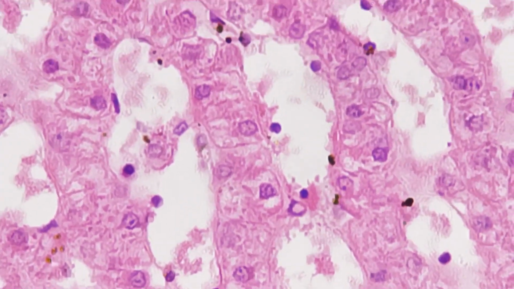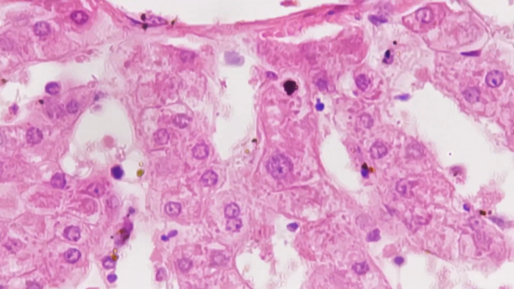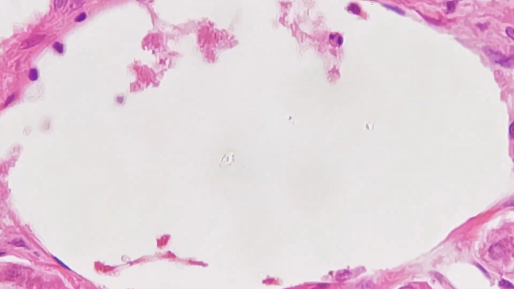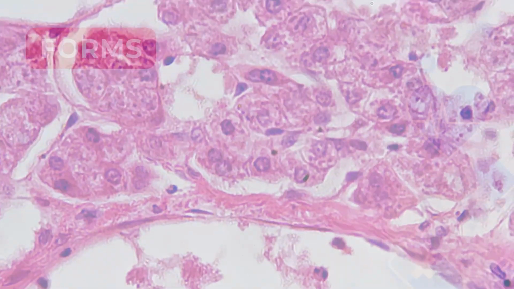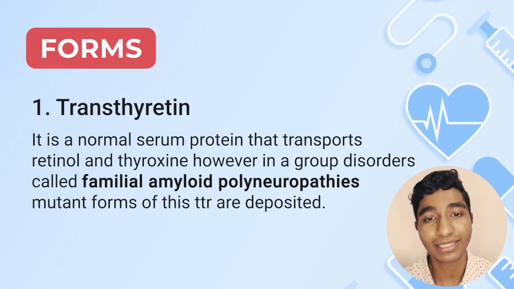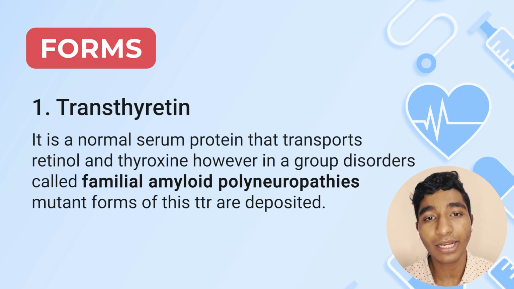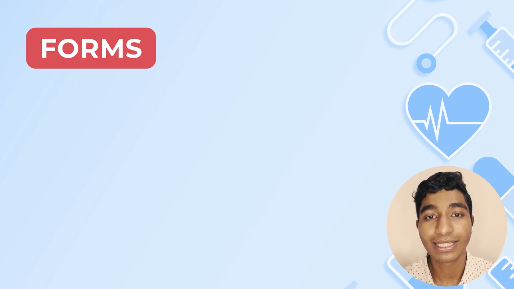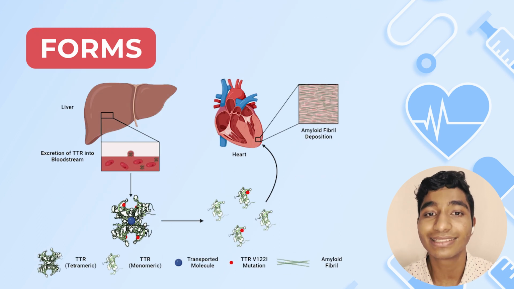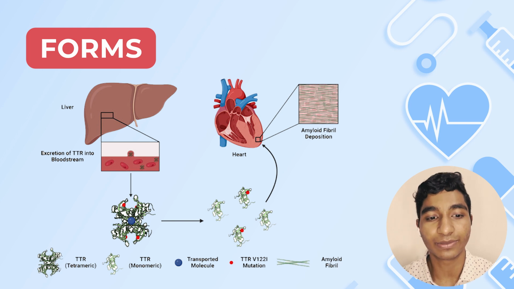Other than these main three forms, there are two not so common forms I would also like to talk about. The first protein being transthyretin. Now physiologically, transthyretin transports retinol and thyroxine. However, in a group of disorders called familial amyloid polyneuropathies, this transthyretin itself can get deposited extracellularly, leading to a set of symptoms.